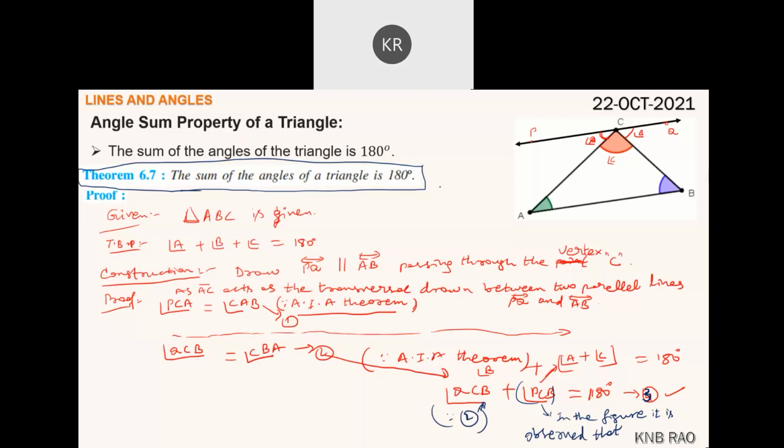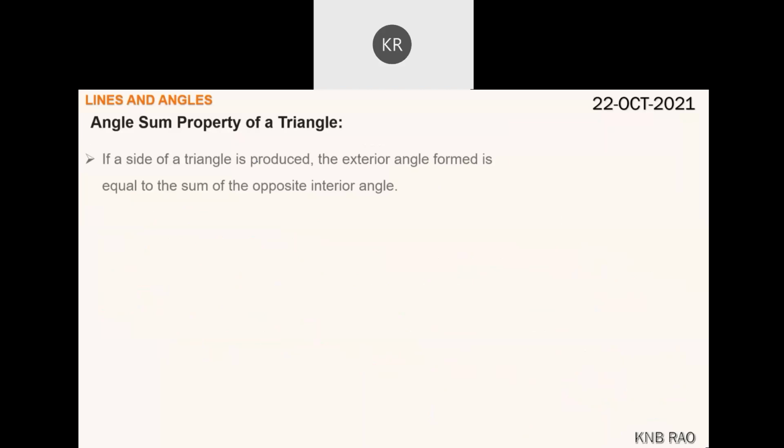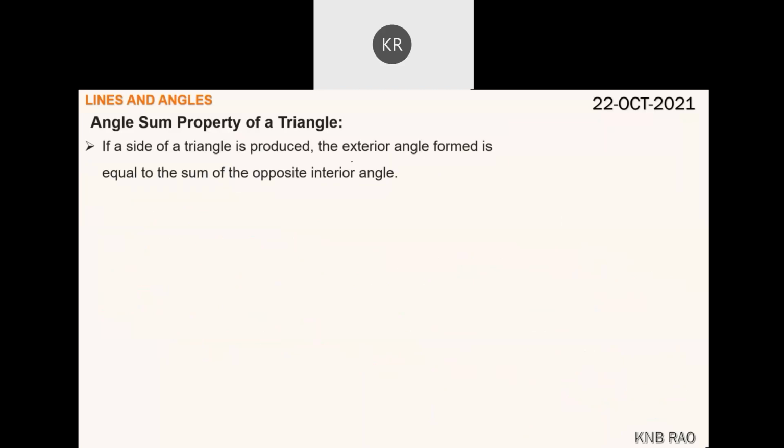What is 6.8? It is the exterior angle property of a triangle. The exterior angle formed by producing a side of a triangle is equal to the sum of the opposite interior angles. In this figure, angle BCD is the exterior angle. Inside angles we have, outside of the triangle will be called the exterior angle.